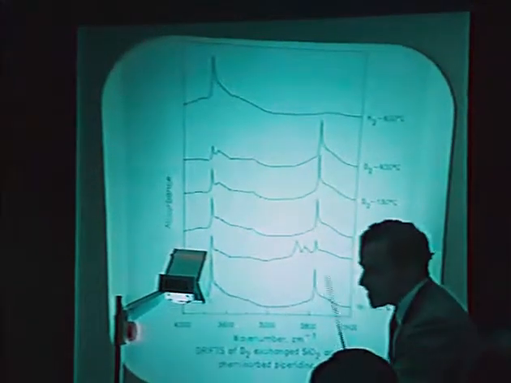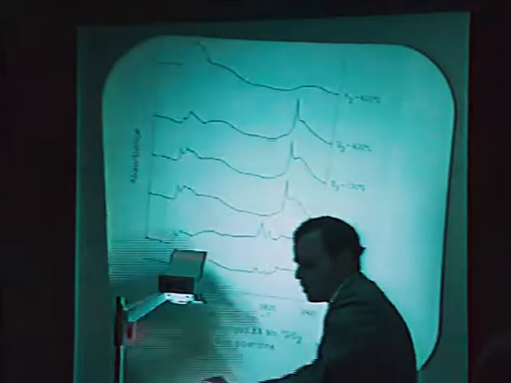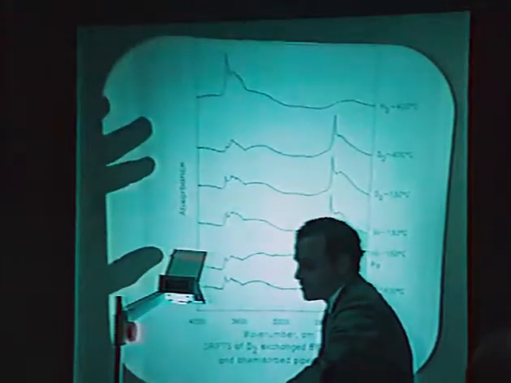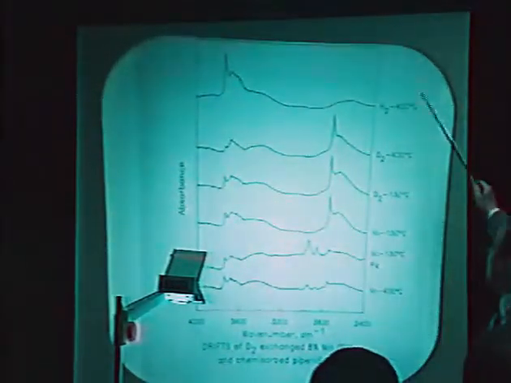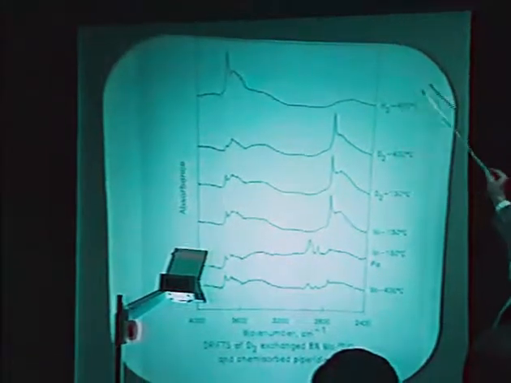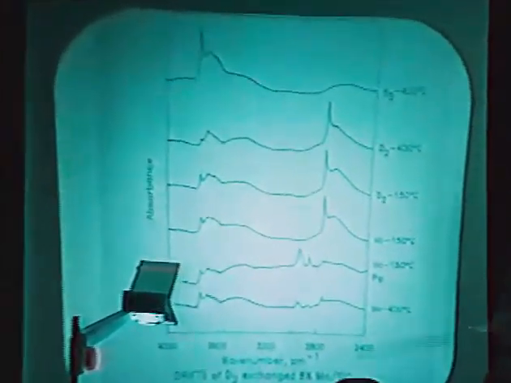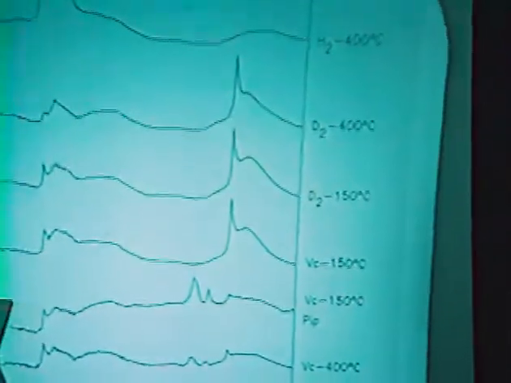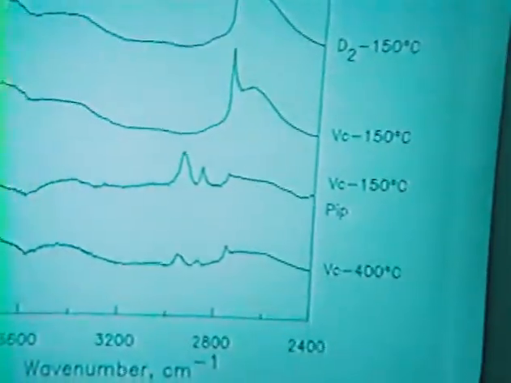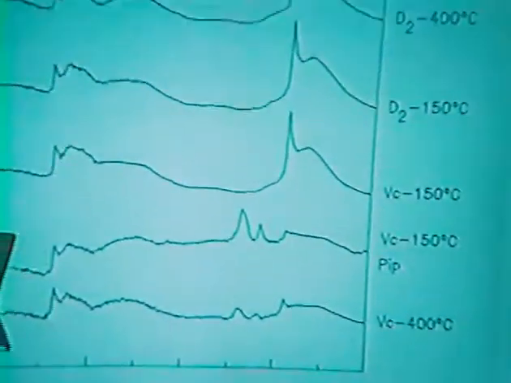Now, we took the same support, but we loaded some molybdenum, and we did the same experiment. What we found was the following. We reduced the catalyst, flowed hydrogen, exchanged with D2, lowered the temperature, applied vacuum, sent the pulse of piperidine, and raised the temperature.